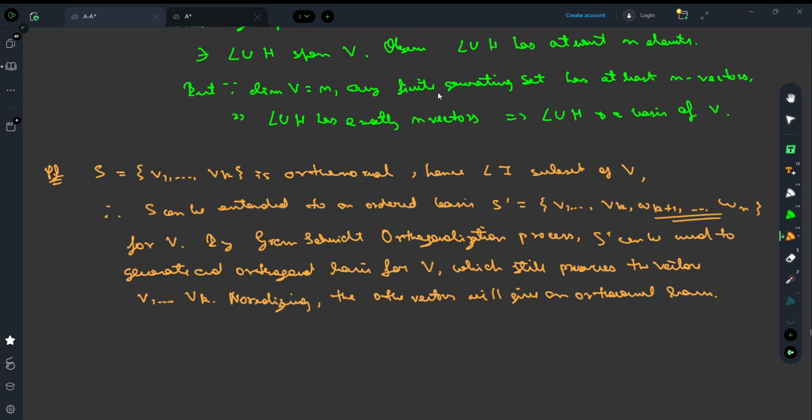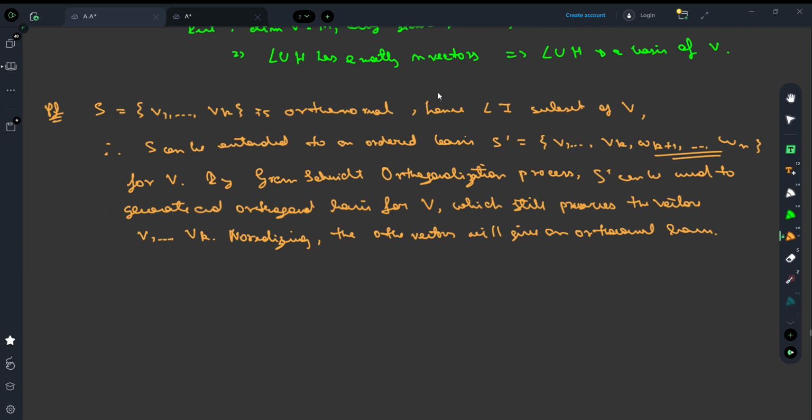Which, as given in the theorem, can be assumed to be V1 till Vk and then Vk plus 1 till Vn, right? That is the n minus k vectors. We are talking about the rest of the n minus k vectors other than V1 till Vk. We just orthonormalize them and we have our answer. So this was, I guess, the statement 1, right? Statement A or 1, I don't remember exactly.